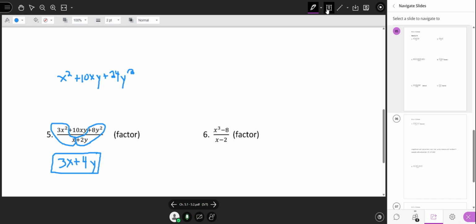Now, let me type this formula and let me shortcut that. Let me make it smaller. A minus B, A squared plus AB plus B squared.